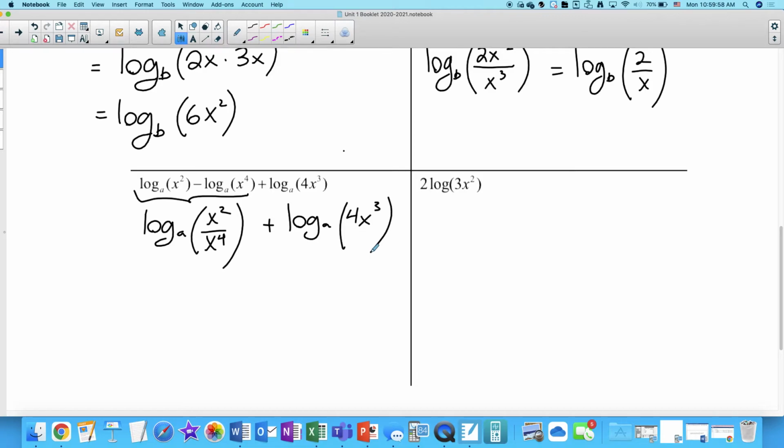Some people like to just multiply it all, or like combine it into 1, and then do all your simplification. So I think I'm going to actually do it that way. Here I need to multiply. So this is going to become log base a of x squared over x to the 4 times 4x cubed.